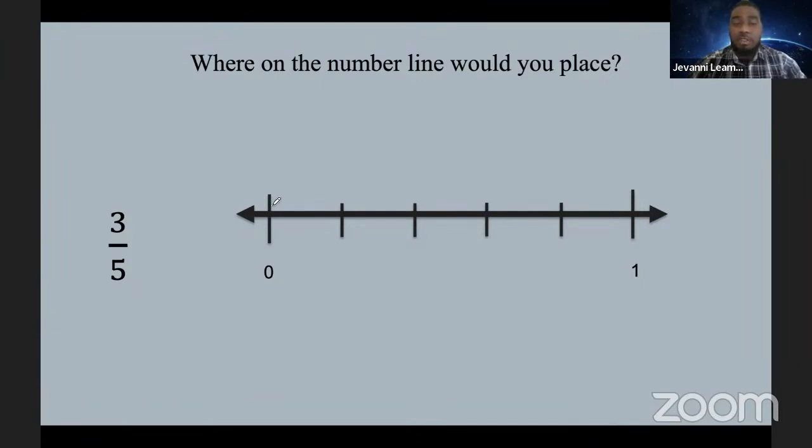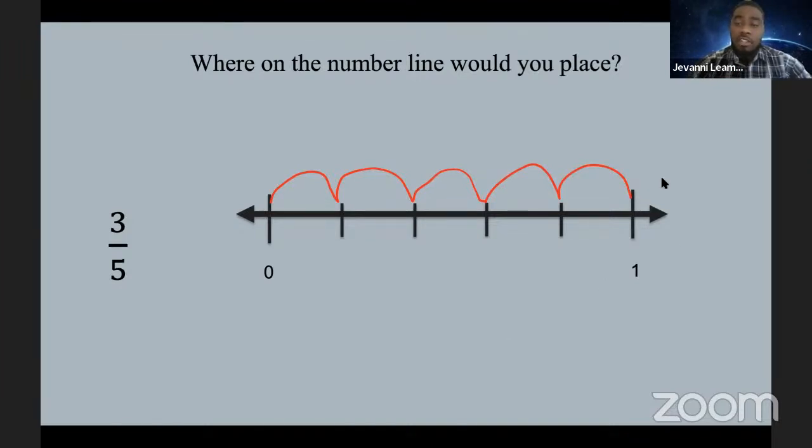So 1, 2, 3, 4, all the way to 1. So I get 5. So I have 5 equal intervals from 0 all the way until I reach 1.